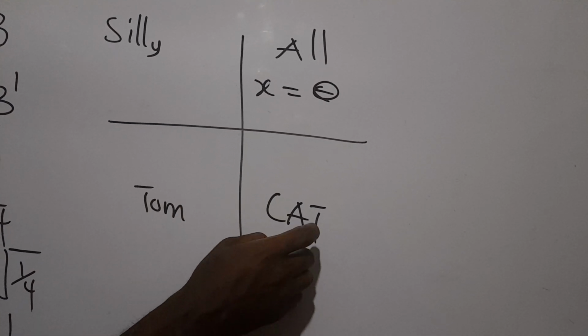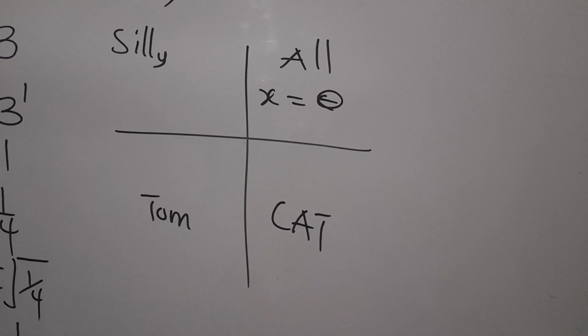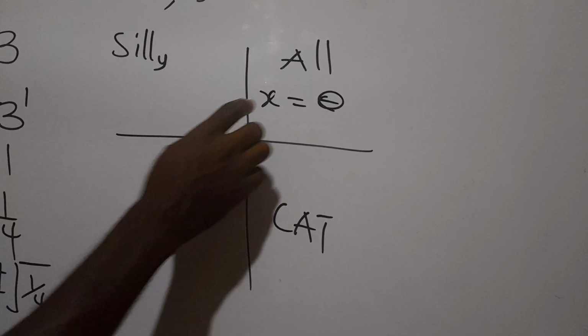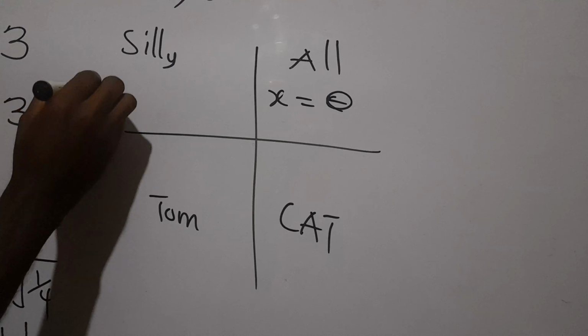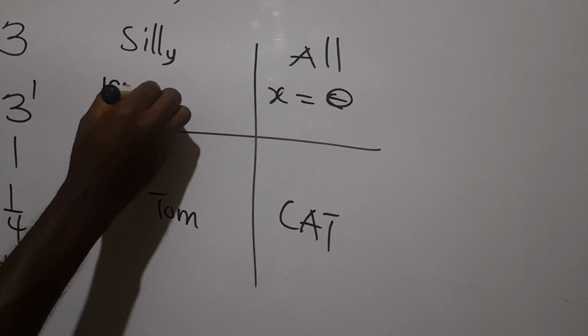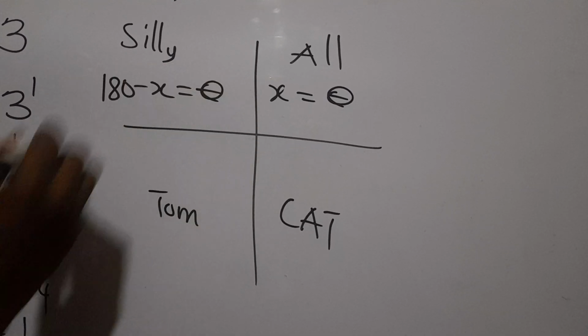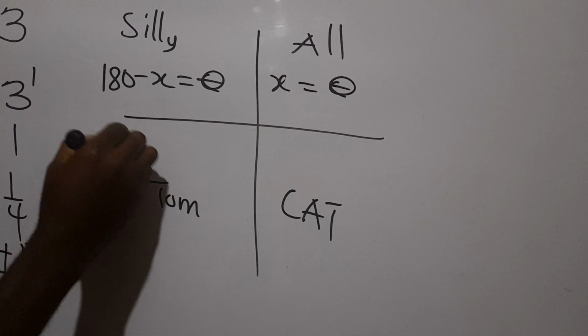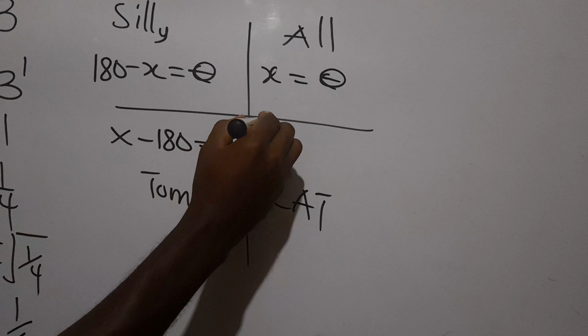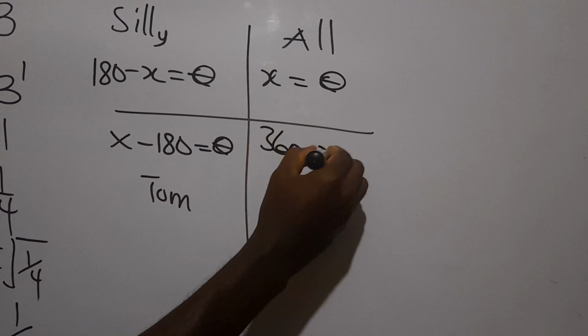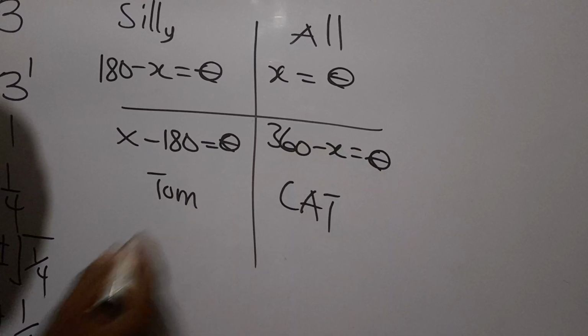And here only cos is positive, sine and tan are negative. So here s is equal to theta, and this 180 minus s should be equal to theta. Then here s minus 180 is equal to theta. Then in this place 360 minus s is equal to theta.